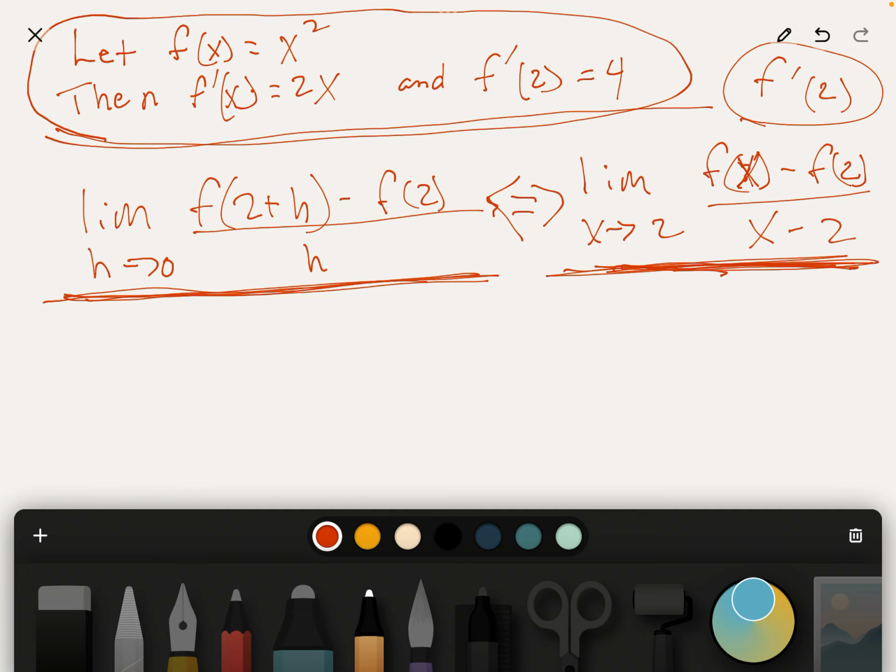And the proof is, going back to this example, we could put in the limit as h approaches 0 of (2 plus h) squared minus 2 squared over h. And it really is the same computation as on the previous page.